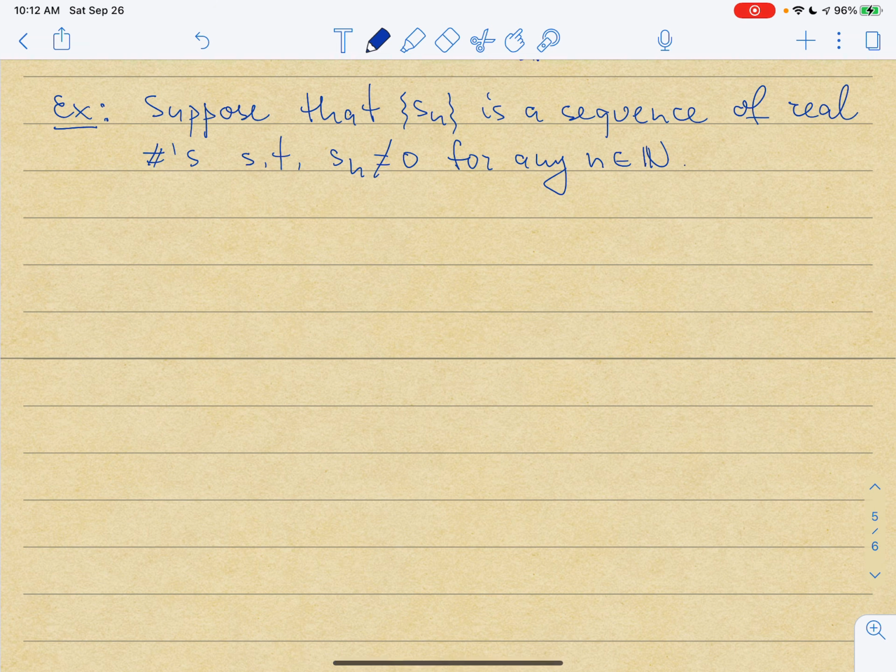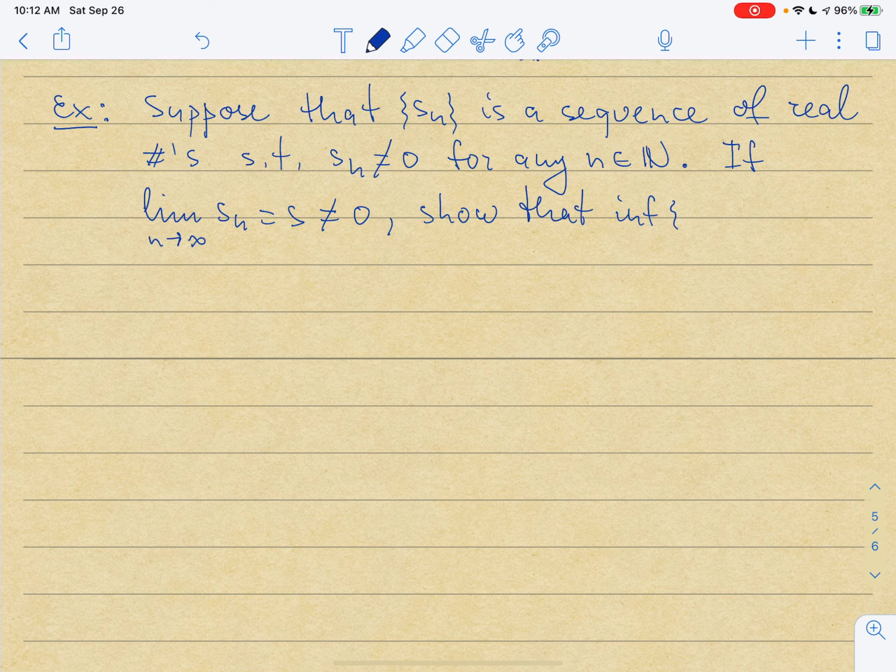And in this case, I want to prove something else. I don't want to prove anything about the limit. I want to prove something about an infimum. So if the limit as n goes to infinity of Sn is equal to S, that is itself also not equal to 0, I want to show that the infimum of absolute value of Sn is greater than 0.